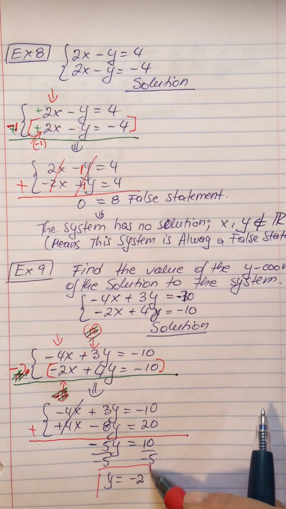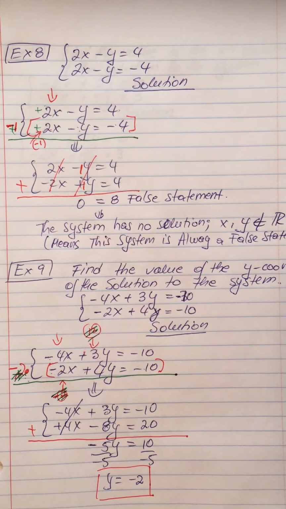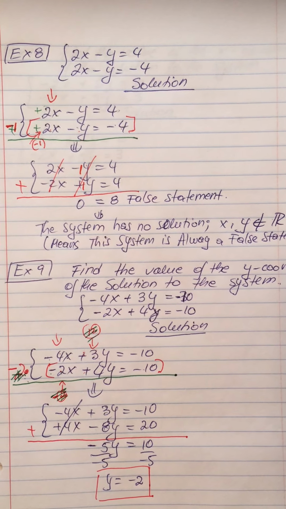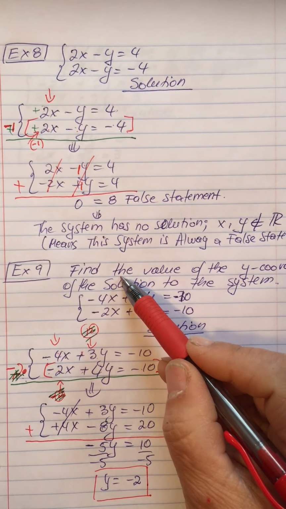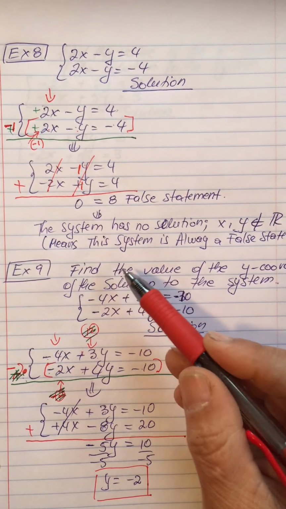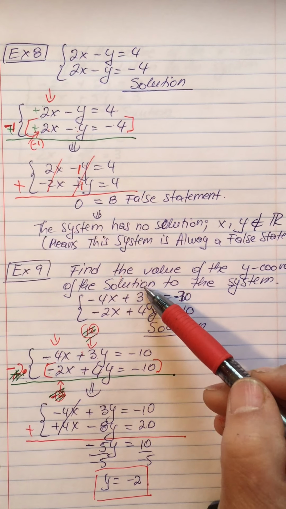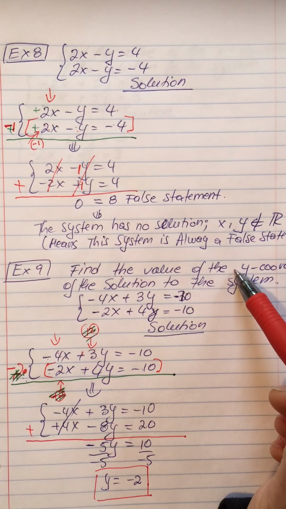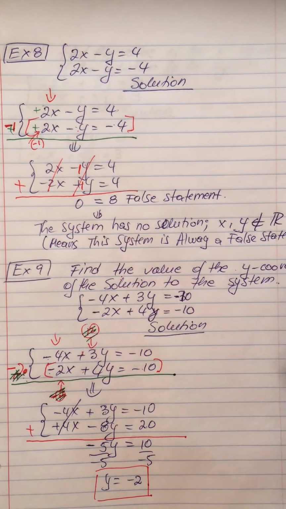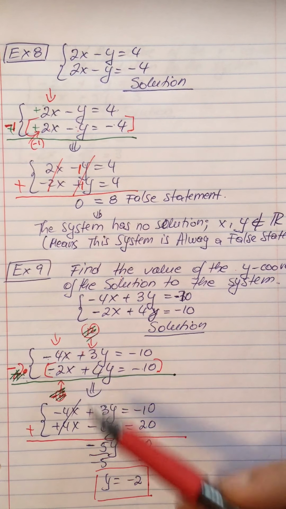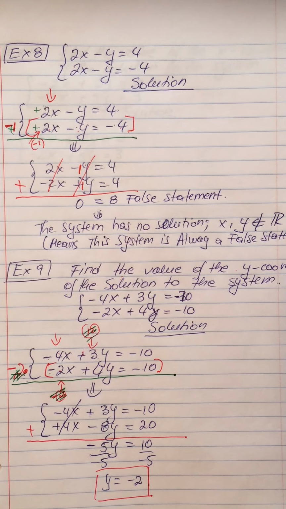Now I'm going back to the question. I was rushing and I didn't pay attention to the question, because all the examples were "solve the system, solve the system, solve the system," and immediately I went to solve the system.